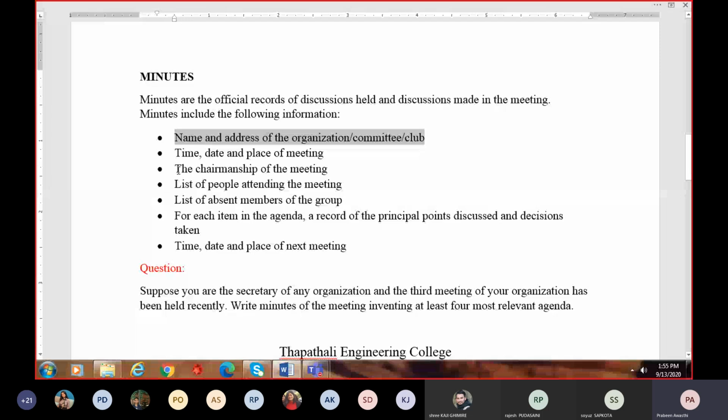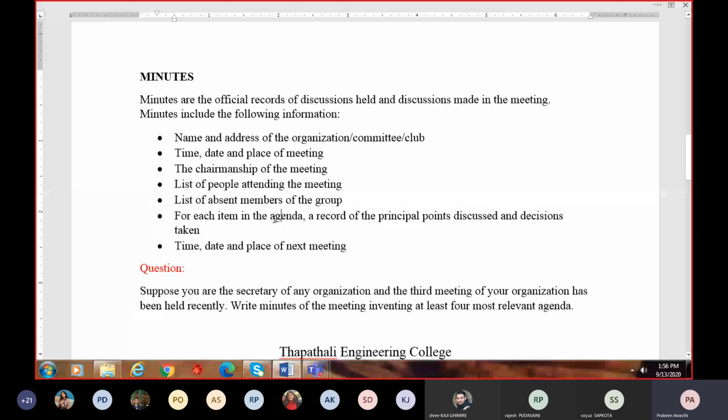So the next thing is the list of the people attending the meeting, and the list of the absentees or absent members of the group. You keep a record of this, right? Then for each item in the agenda, a record of the principal points discussed and decisions taken.